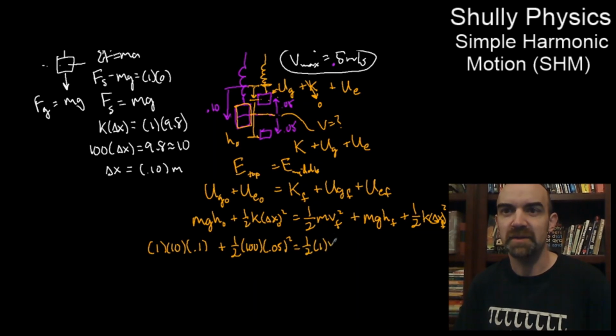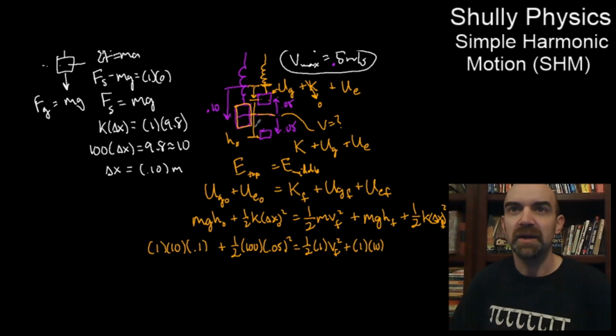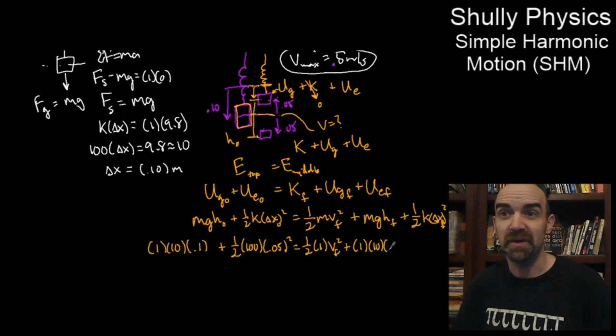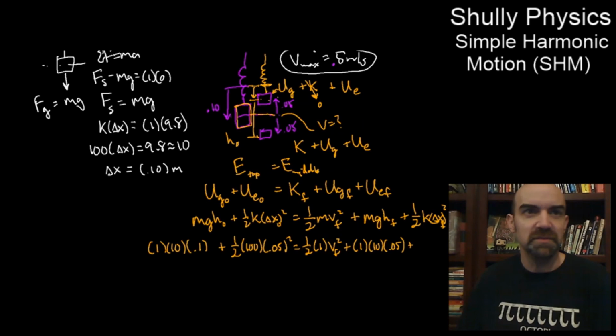1/2 mass times final velocity squared. And down here in the middle, that's where we're at now. Going to have a mass of 1, g of 10, and a height at the middle point is 0.05. Then instead of running this into the edge of my screen, I'm going to move it over.